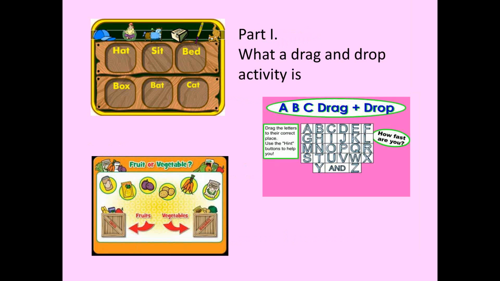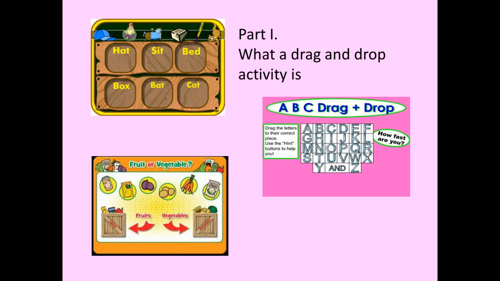Essentially, what we're talking about is the learner with her or his cursor moves an object and places it on the background. Here are 3 sample backgrounds. These are drag and drops, I think, for kids, but I really like the design. I like the color, all of that.